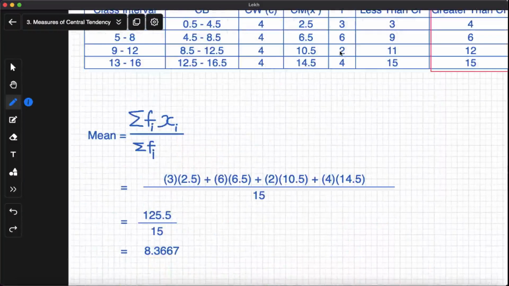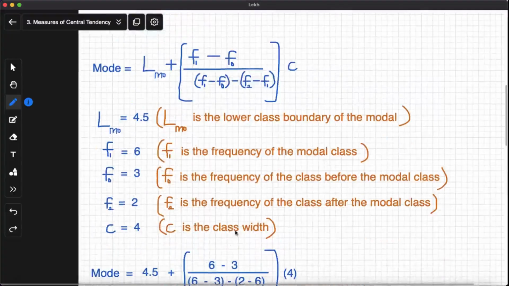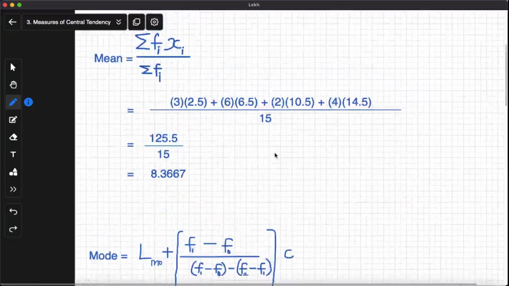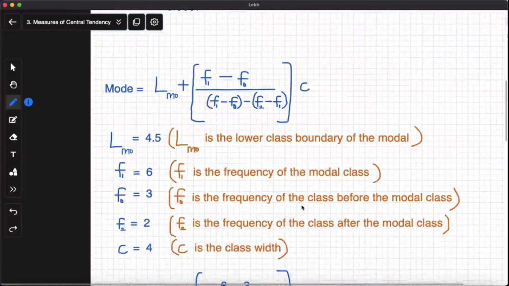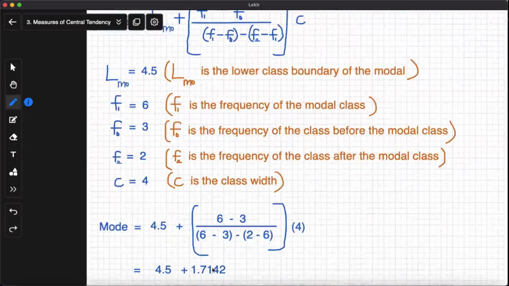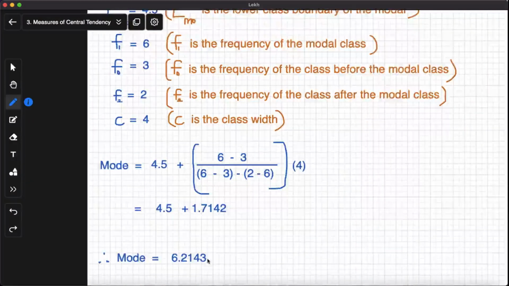So this is the class after the modal class, and the frequency is 2. So what's the class width? The class width is constant for all of them. That's 4, and that's what we have noted by C. So you fix everything in your formula, and then you get a mode of 6.2143.